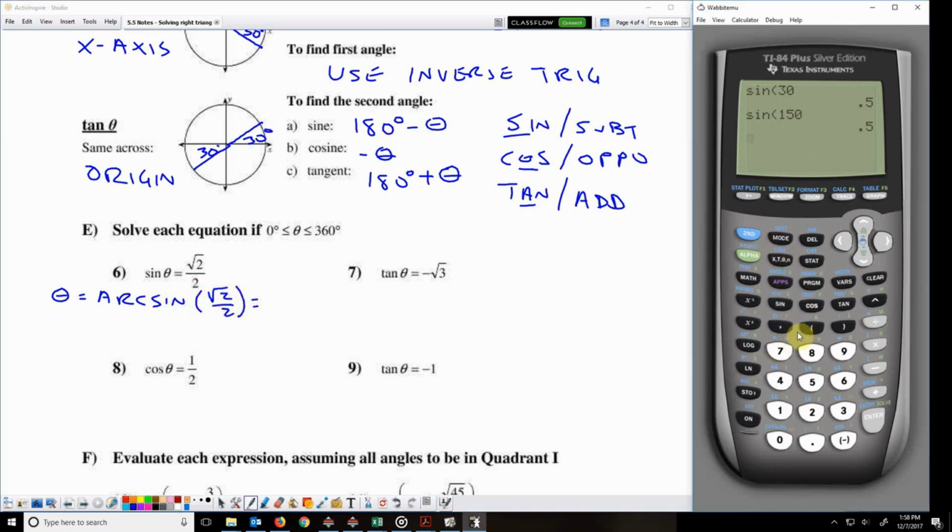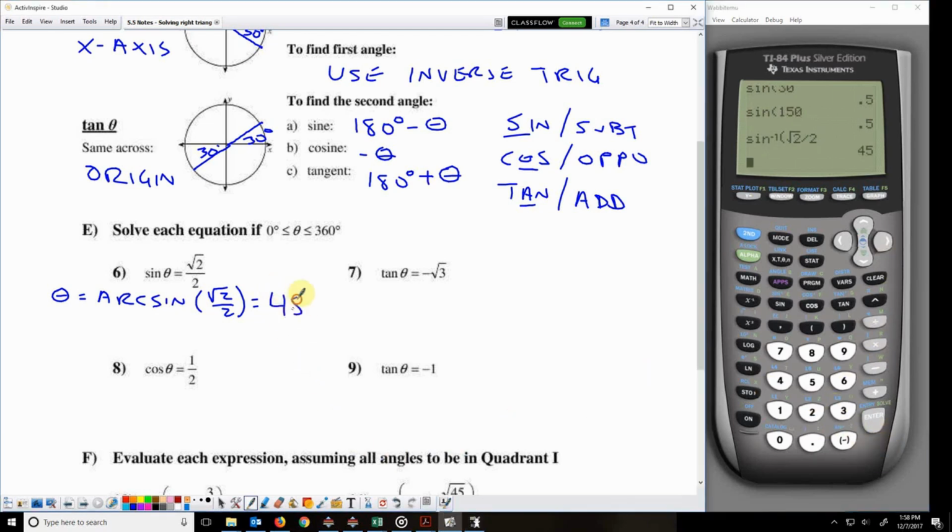So second sine of square root of 2 over 2, and that's 45. So the first angle is 45 degrees.